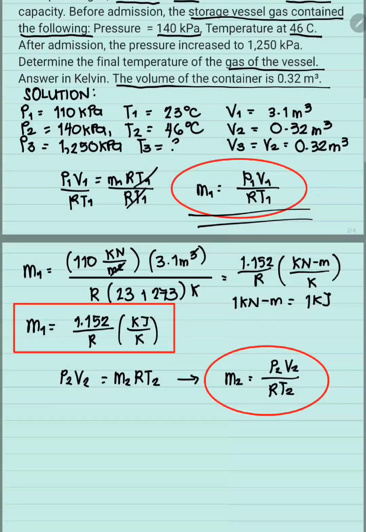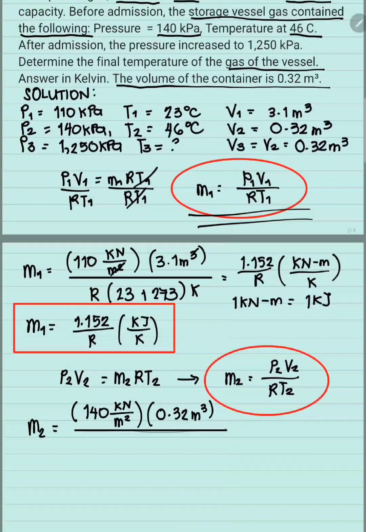Now M sub 2 is equal to, our P2 is 140 kilonewton over square meter. We also have our volume, which is 0.32 cubic meters all over R. So our R is just the same, since we can assume that based on the problem, the gas that was used is the same.